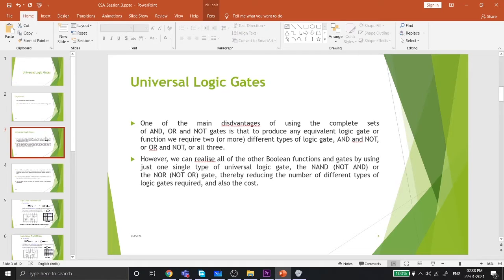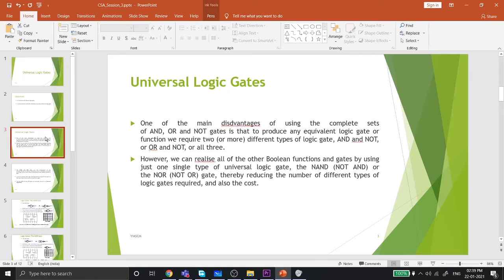Think about mixing different types of material at a very microscopic or nanoscopic level. It's very complicated and very costly. That's the point.